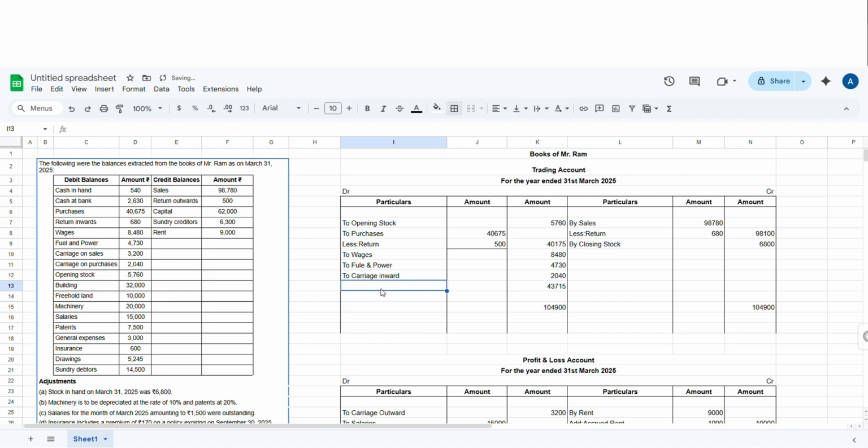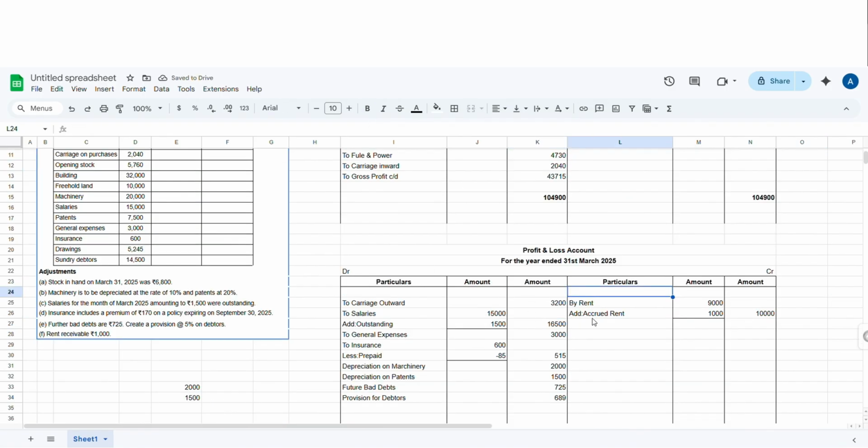It is 43,715. So to gross profit carry down 43,715.